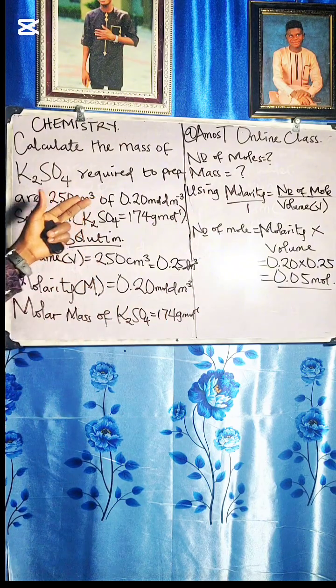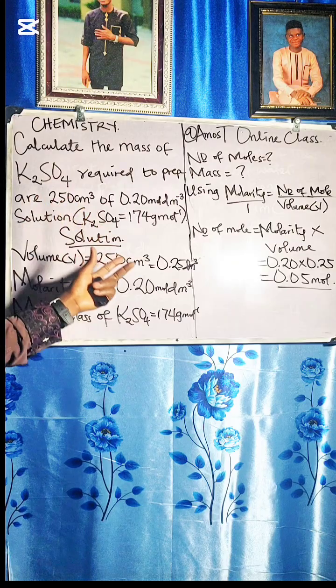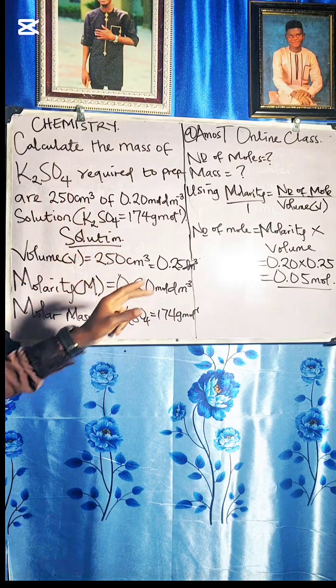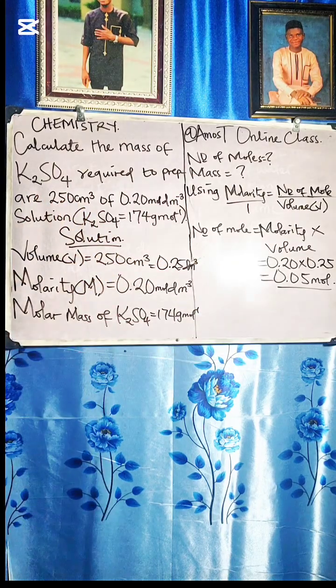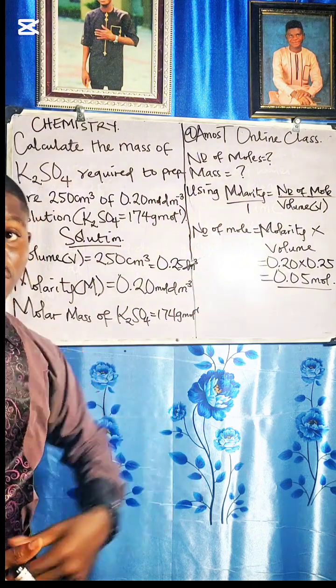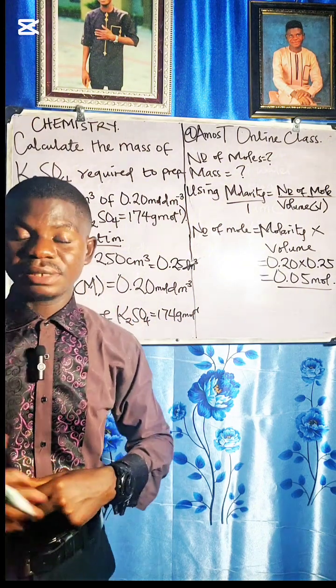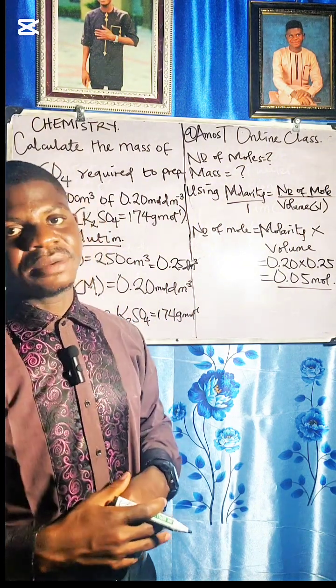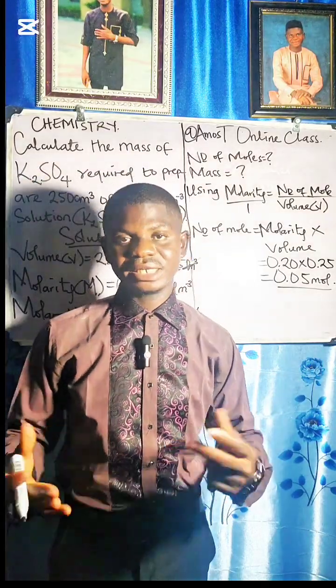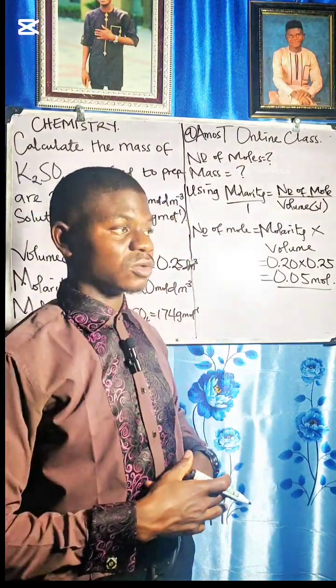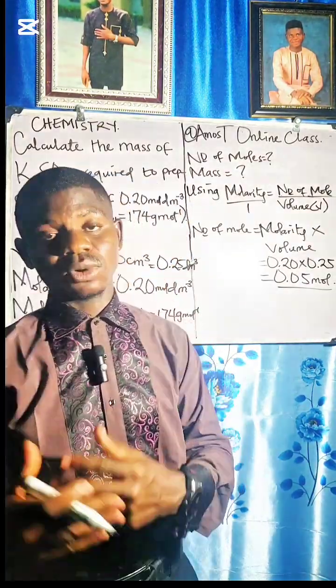But remember that the question says we should calculate the mass of potassium sulfate required. So this is not the major problem. It is just a pathway to solving the major problem, which says we should find the mass. How do we find the mass? In our previous videos, I established that the number of moles is equal to mass divided by molar mass.